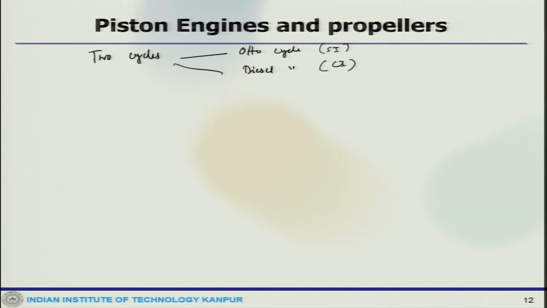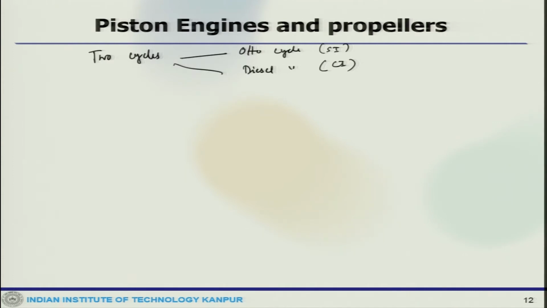Now, the specific heats of air, Cp and Cv, are functions of temperature, and the temperature within the cylinders actually varies a lot. The ratio of the specific heats is gamma.